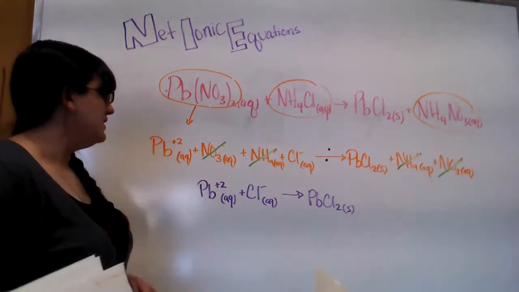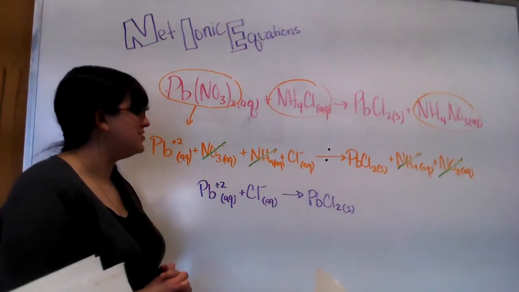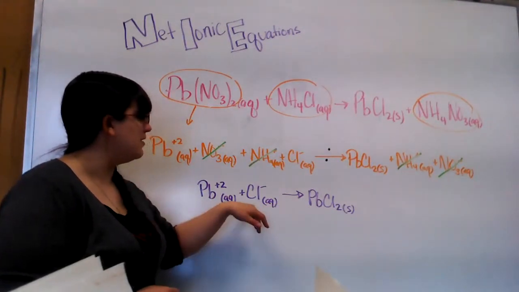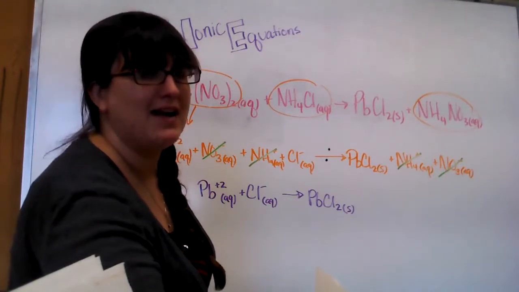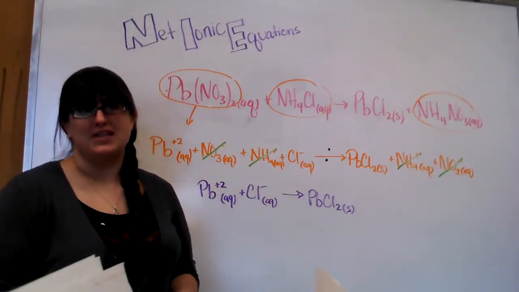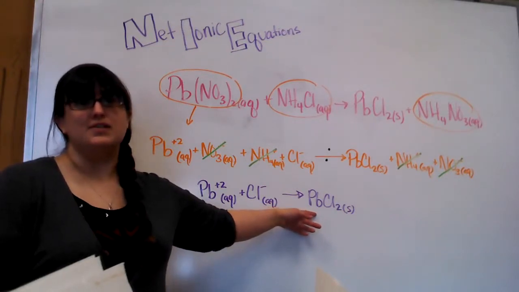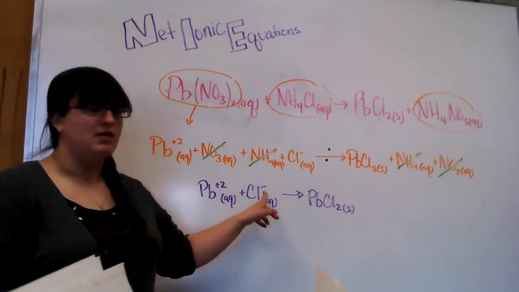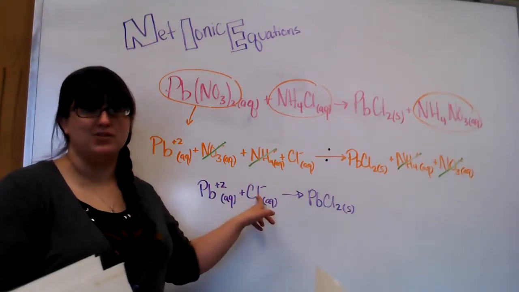Well, no. So you need to balance this equation. So we have one lead over here, one lead over here. We have one chlorine here, we have 2 chlorines here. And we have to make sure that our charges on both sides are the same. So in this case, our charge over here, since it's a compound, is going to be 0. Our charge over here, as it stands right now, is +2 plus -1, so you have an overall positive 1 charge.